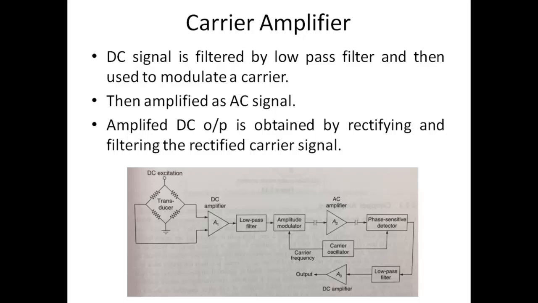Then with the help of the amplitude modulator, it is superimposed on a carrier wave, which becomes a high frequency signal. This capacitor that you see acts as a high pass filter, so once it is modulated, anything unmodulated left behind is discarded at this stage itself.